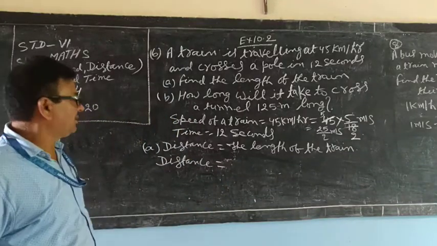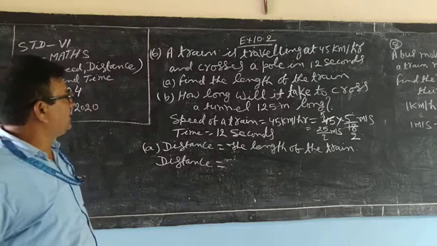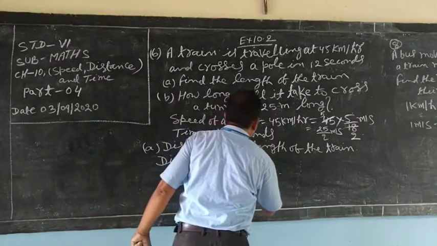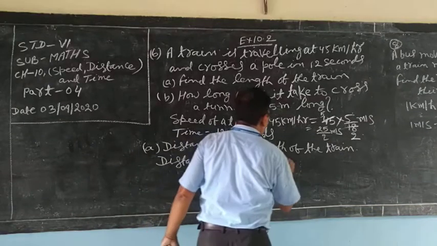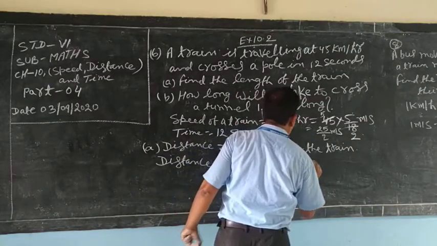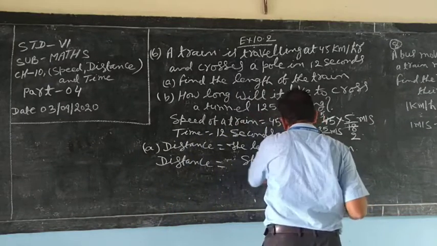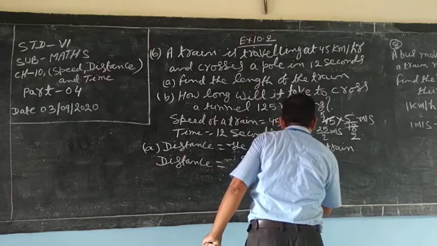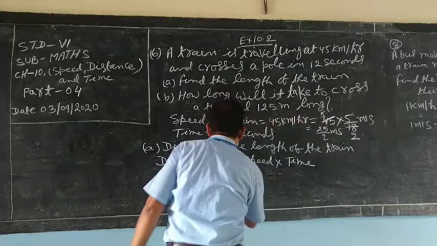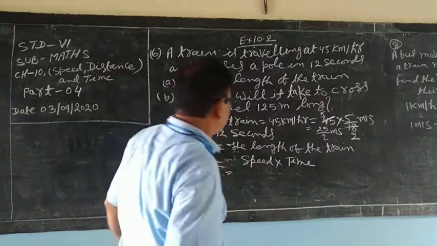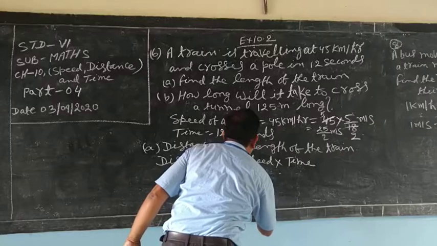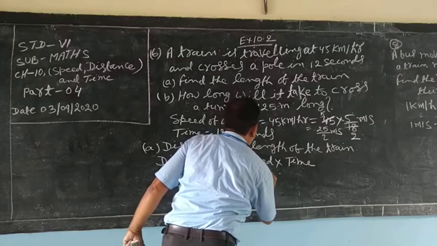Speed into time. Speed into time. What is the speed? You find out. What you got? 25 by 2 meter.